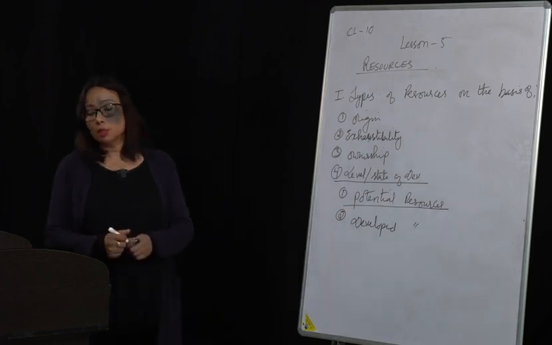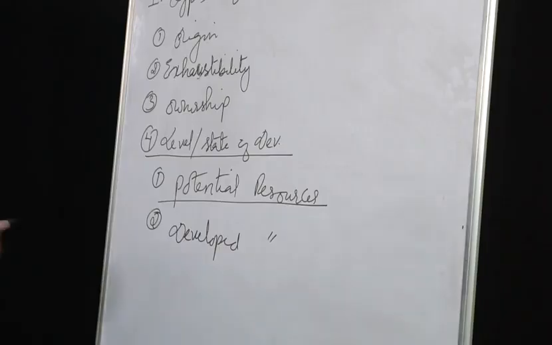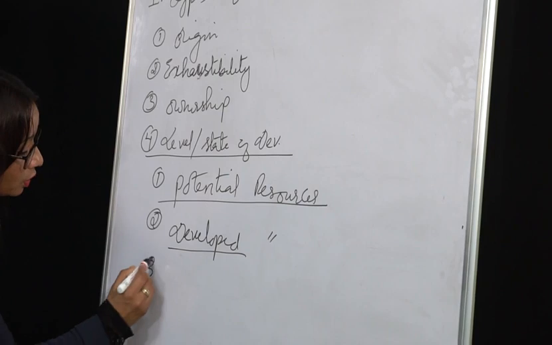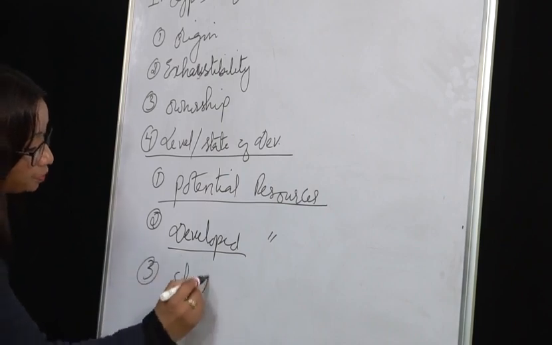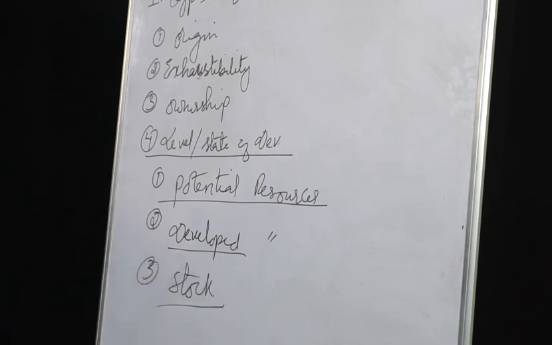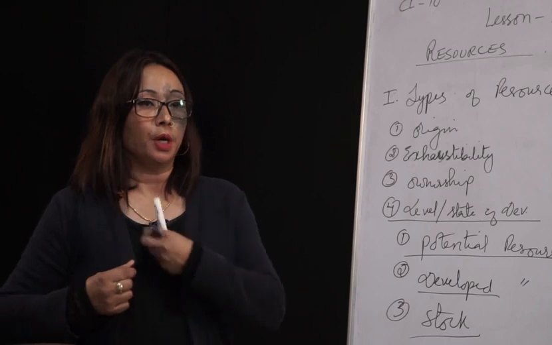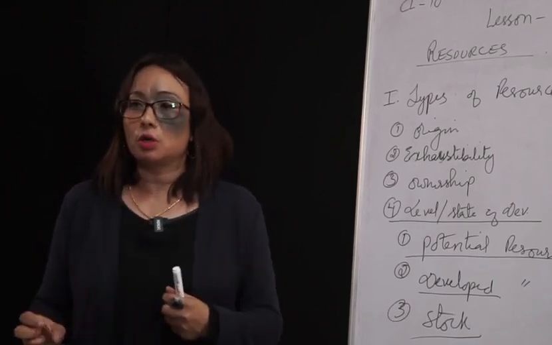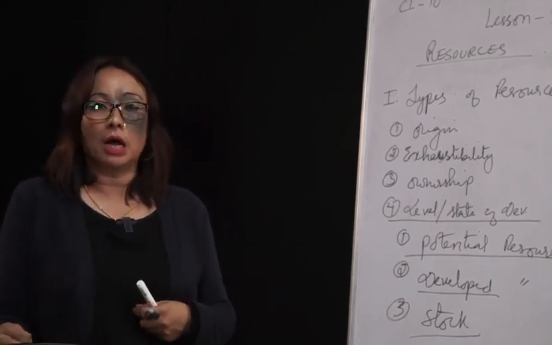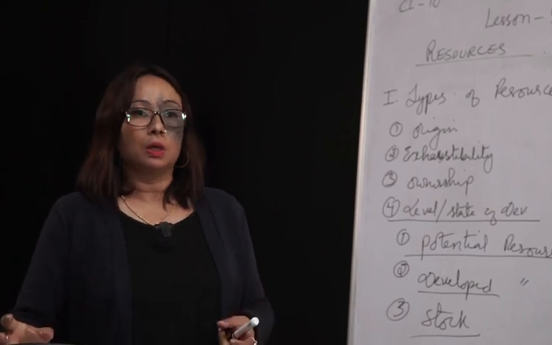Then the third one, after potential resources and developed resources, is stock. Now there are certain resources in nature which we know of, but the technology is not there. For example, hydrogen and oxygen form a compound.